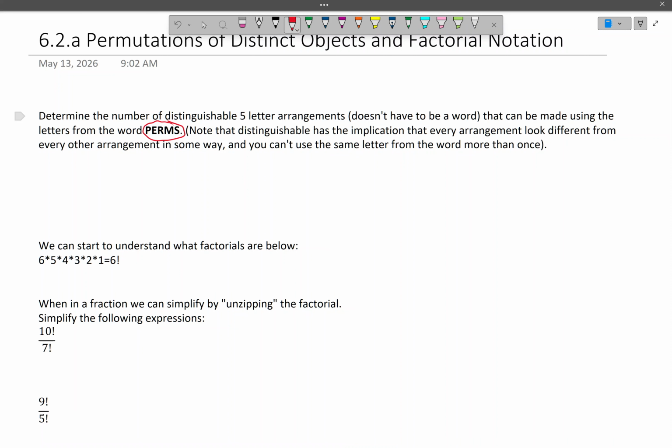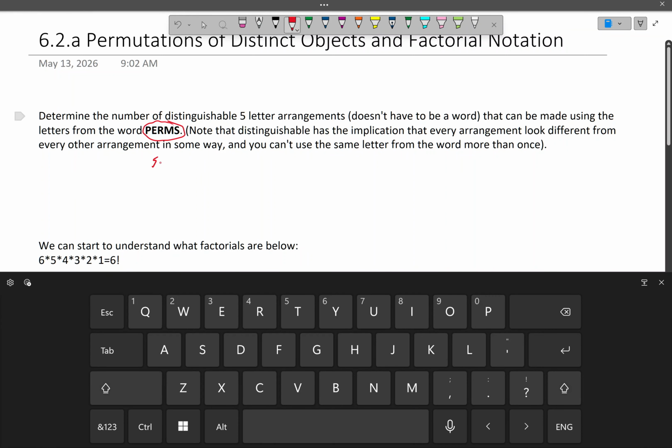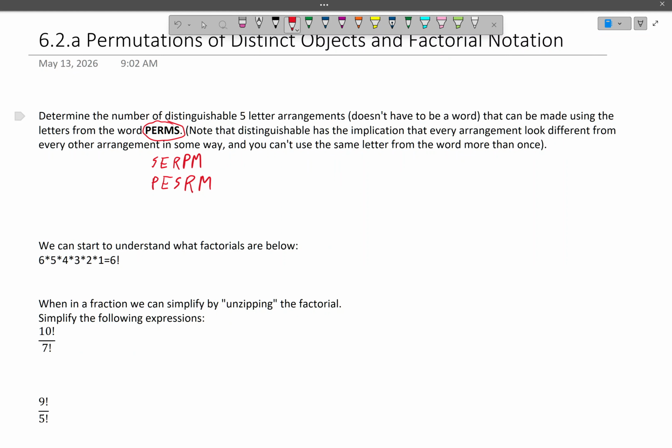We're talking about this word PERMS, and basically we're rearranging these letters into whatever order we want, etc., etc. We're taking those same 5 letters and rearranging them in different ways.